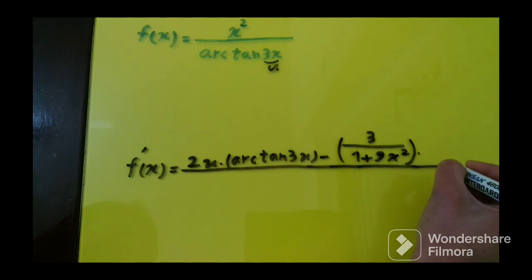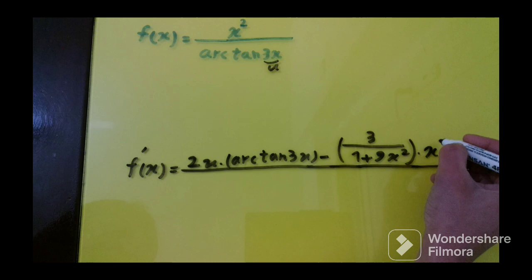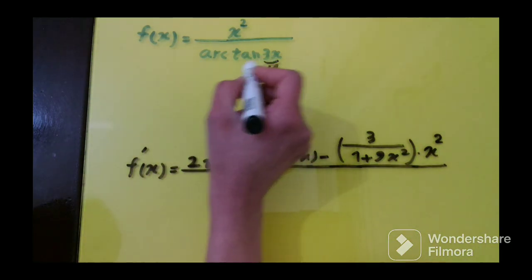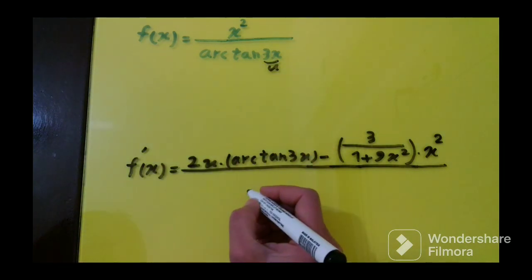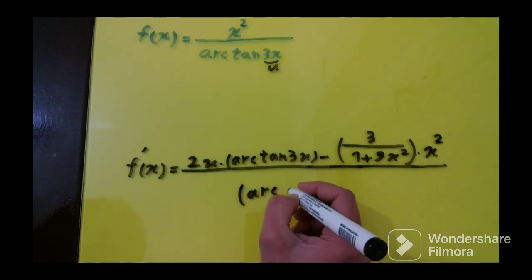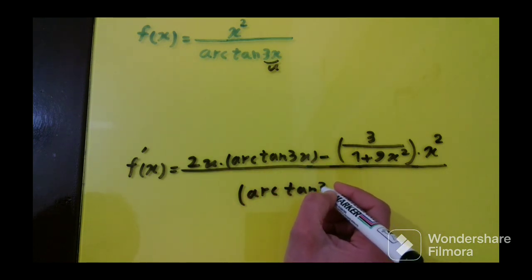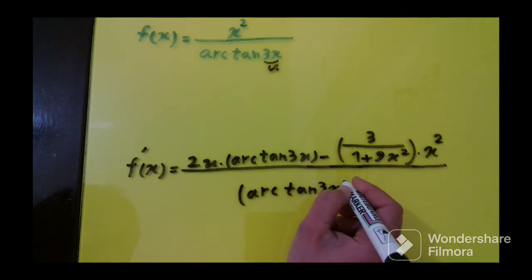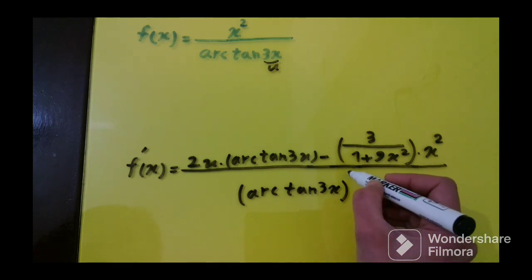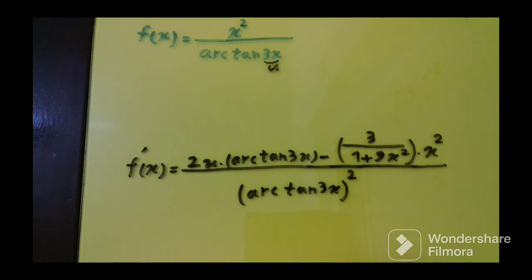Times this term, x squared. Now, you should repeat this term, arctangent 3x to the 2.